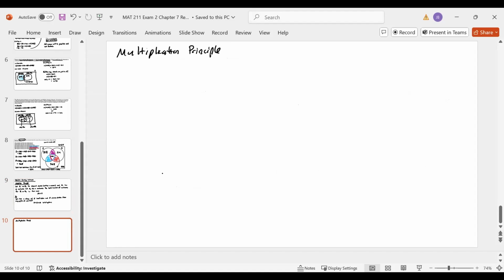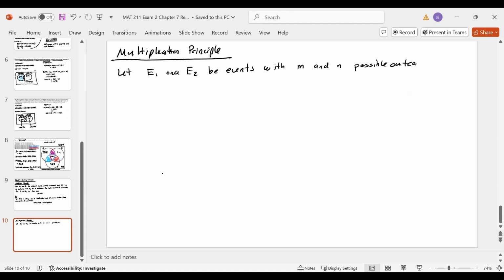And this is the one that you're actually going to use the most, but I will show an example where you combine the two because sometimes you have to, right? So the idea here is let E1 and E2 be events with M and N possible outcomes, respectively.